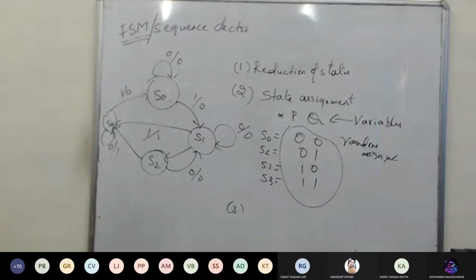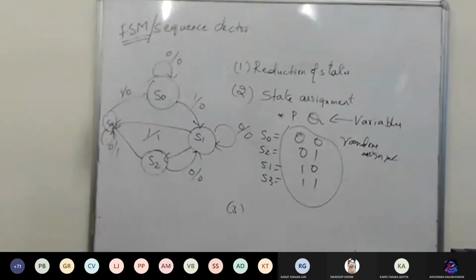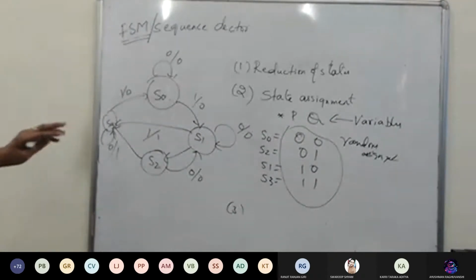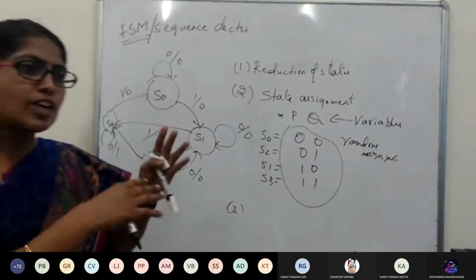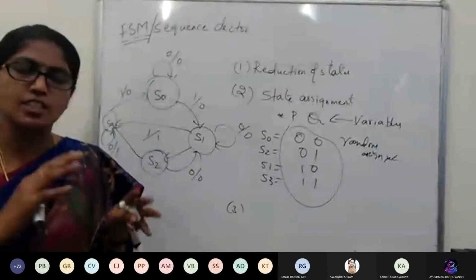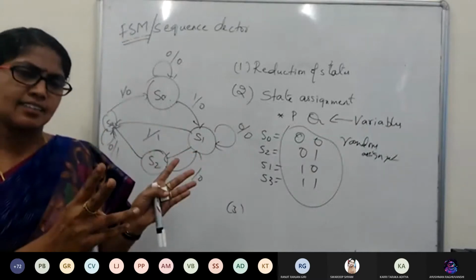If I am not going for this random assignment, then carefully understand: I will take a particular procedure in assigning every bit, a bitwise assignment, to the states. Why? Because in your examples from the previous classes, when we design sequential circuits, the present state and the next state are linked.